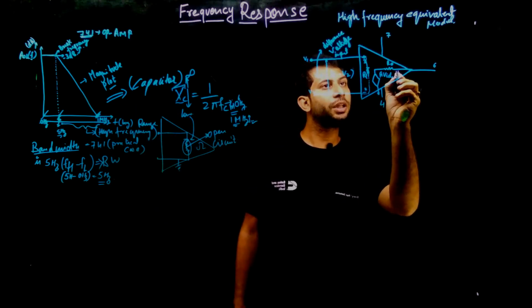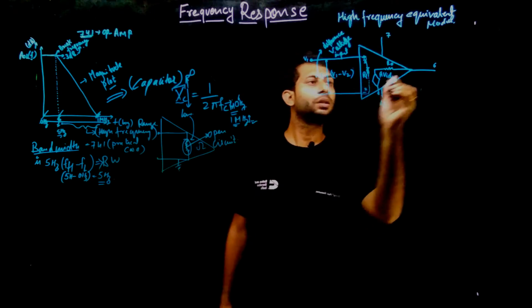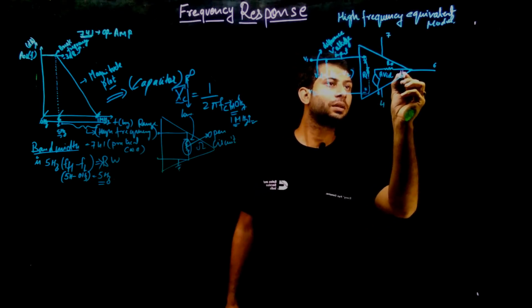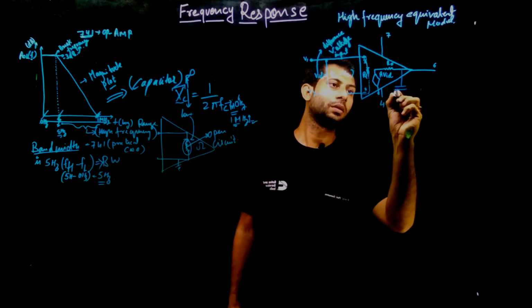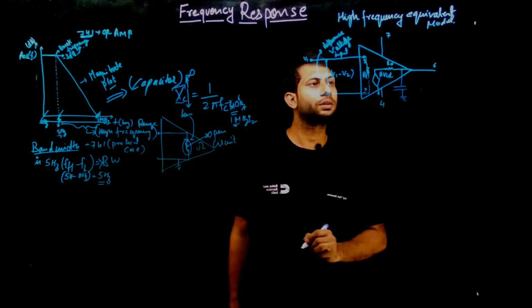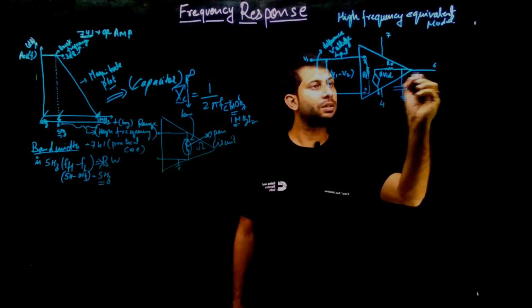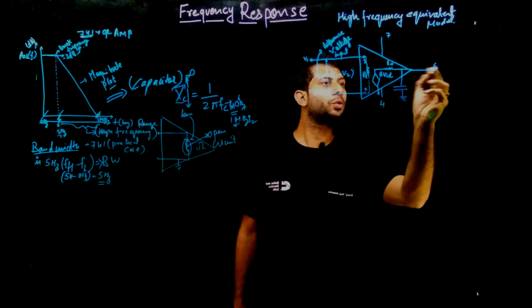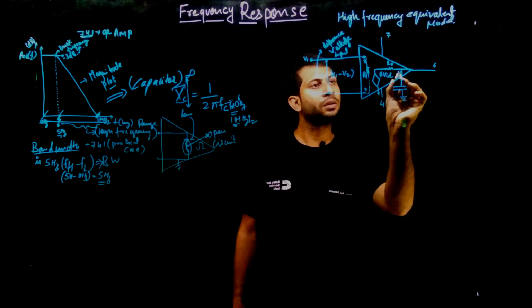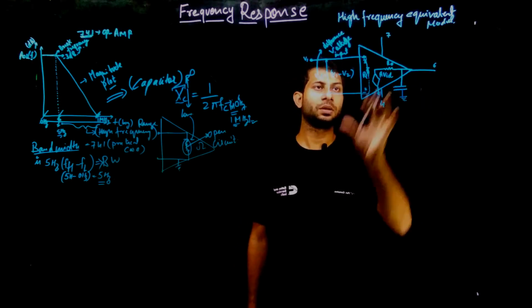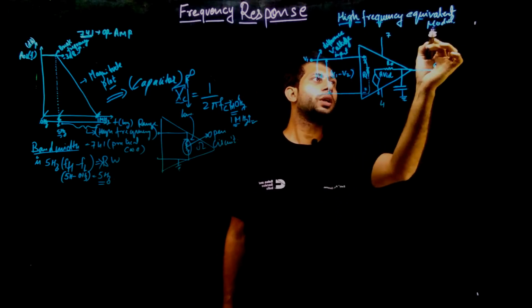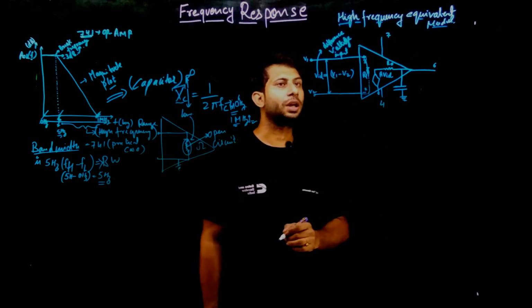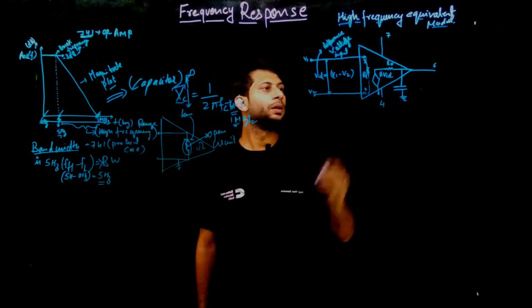So we take this capacitor inside this equivalent circuit, and I am not taking this capacitor connection from the output pin. I am taking it from inside of the block, and this is known as the high frequency equivalent model for the operational amplifier, right?